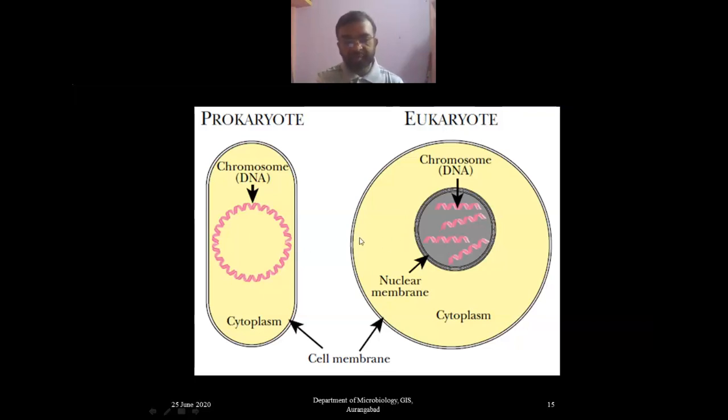You can compare this particular cell with, for example, a single room, and within that there are several corners. This particular corner is the bedroom, this corner is the kitchen, this corner is the bathroom. There is no compartment like that. While the eukaryotic cell is like a 3 BHK, means a separate bedroom is there, a separate kitchen is there, a separate hall is there.